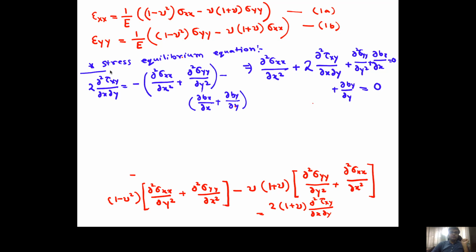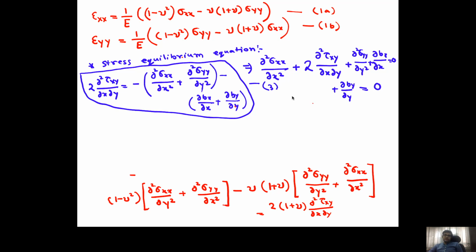Right? So this is the equation that I will need. So let me box it. This portion I don't need. And now this equation, let me call it equation 3, this as equation 2. So what I'm going to do is I'm going to substitute equation 3 into equation 2. And let us see what we arrive at.